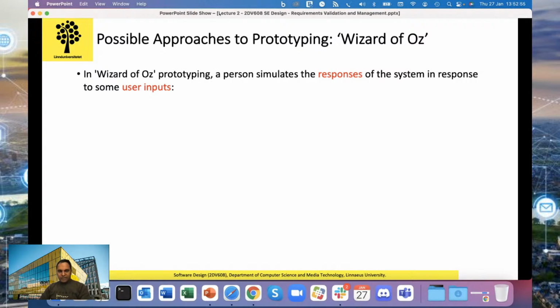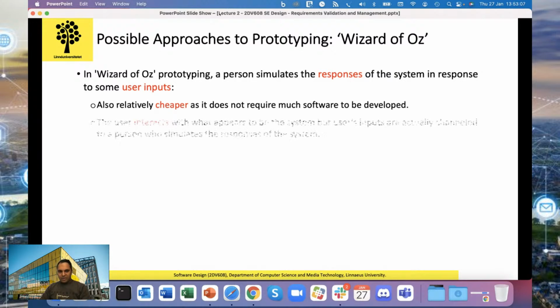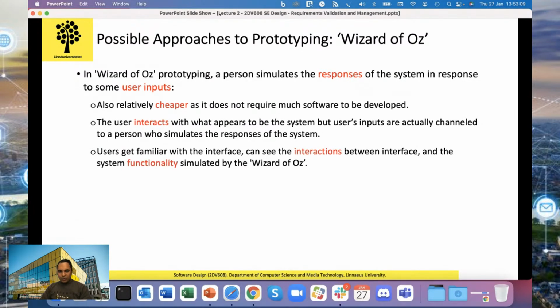Yes, the second one is Wizard of Oz. So what I was mentioning, that it's a role-playing prototyping method similar to the paper prototyping, but it also has some more benefits, or some more clear way to interact with the users, and to find the problems in the requirements.